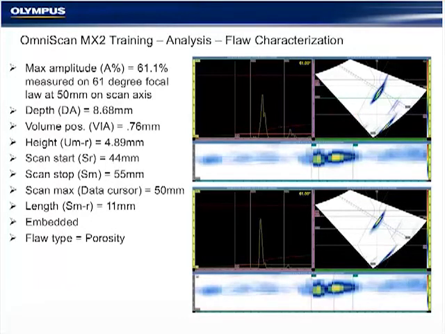That has direct relevance with many of our codes for what type of table we use for an acceptance or reject decision. And the flaw type that we see, based on its position, based on the characterization of the A-scan, and the appearance in the data, is porosity.